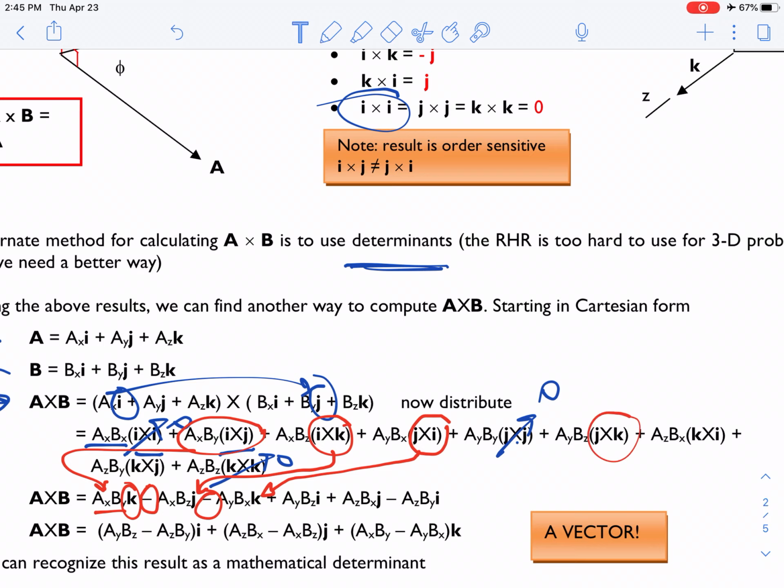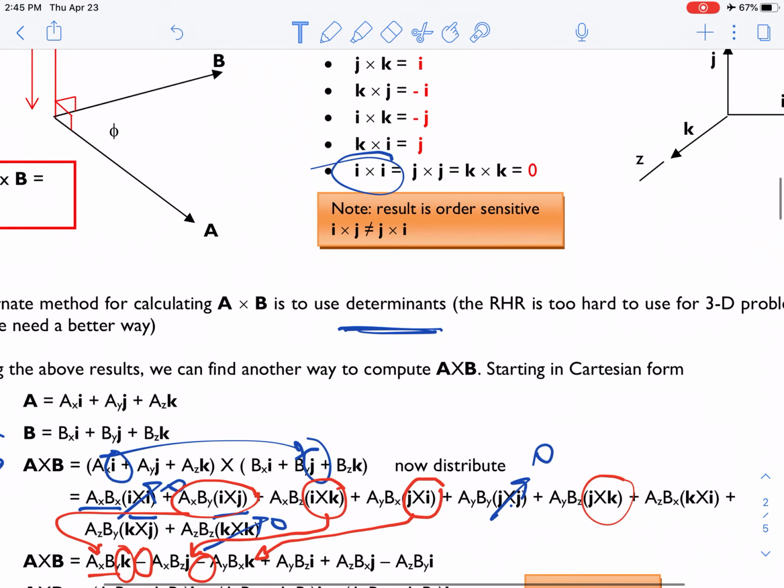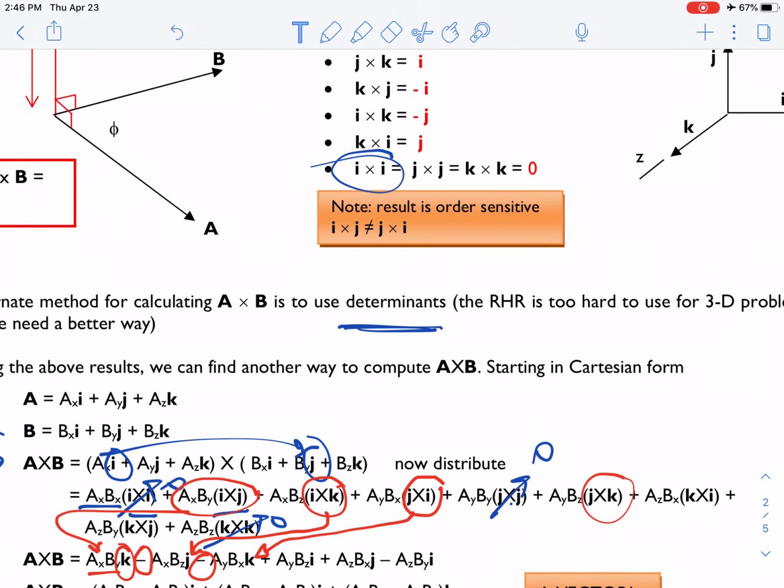Okay, so let's do the 3 more like that, and we have now j cross k, k hat, and I'm going to look at what I have for that. This is positive i hat, so AY BZ, i hat is my answer, and it's positive, as you can see. k cross i hat is j hat. Let's put that in. It's positive again. First AZ BX and then j hat instead of k cross i hat.